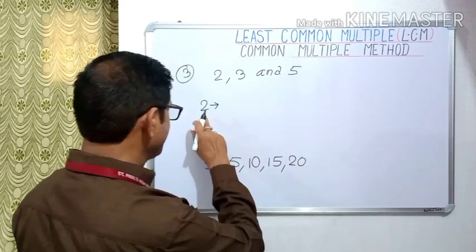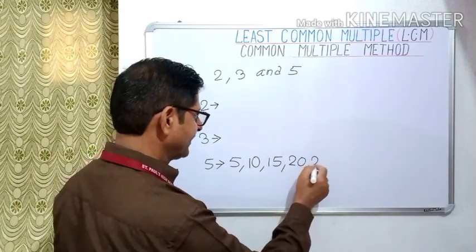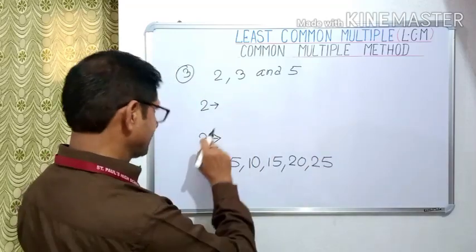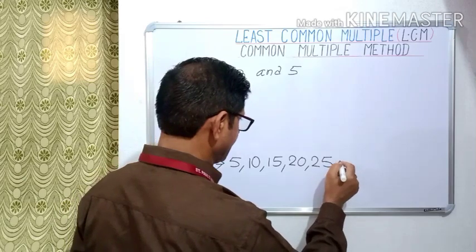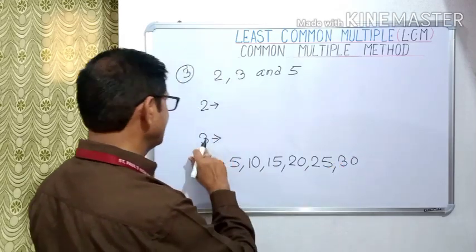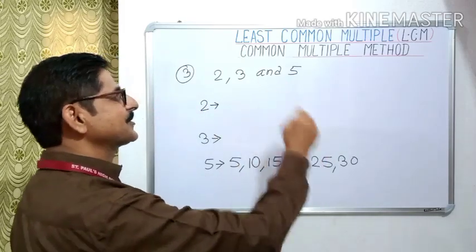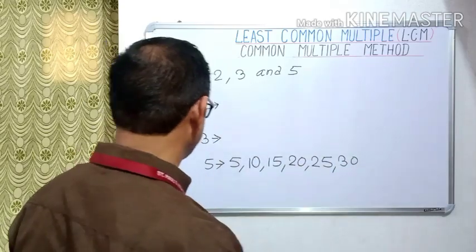It is divisible by 2 but not by 3. 25. Divisible by neither 2 nor 3. Next is 30. 30 is divisible by 3 and 2 both. So 30 is going to be our LCM of the given numbers 2, 3 and 5.